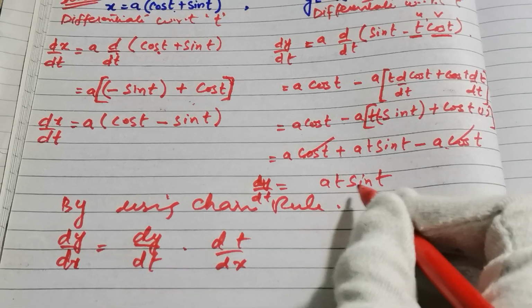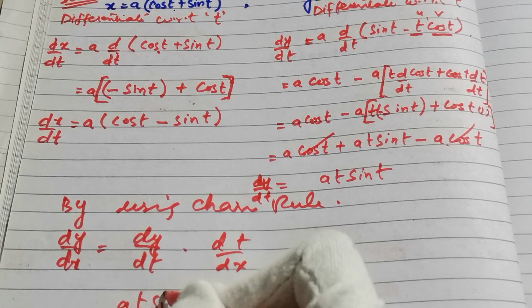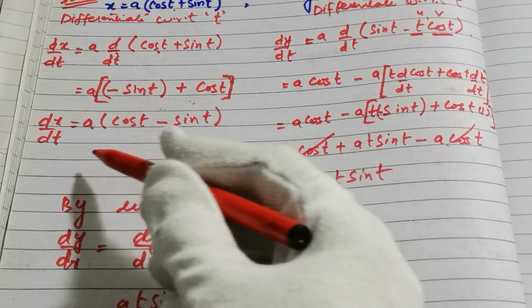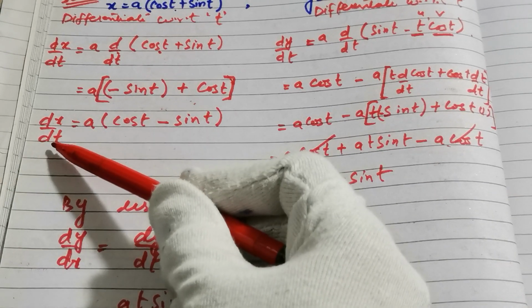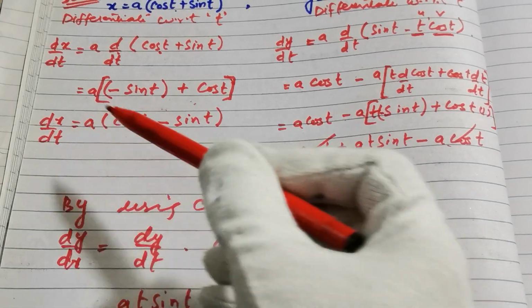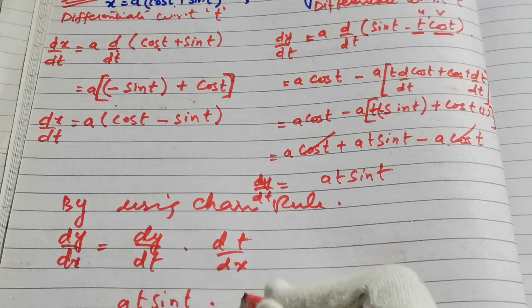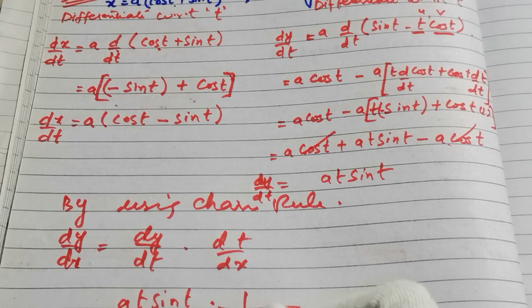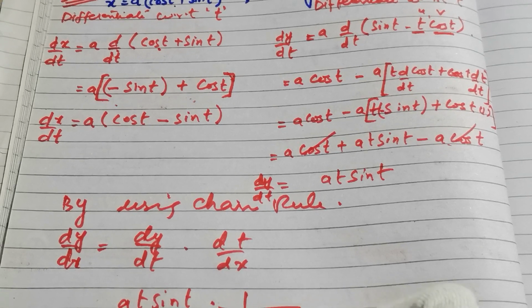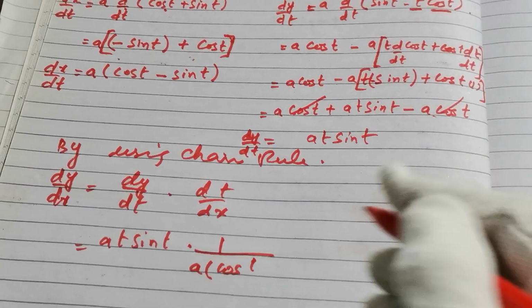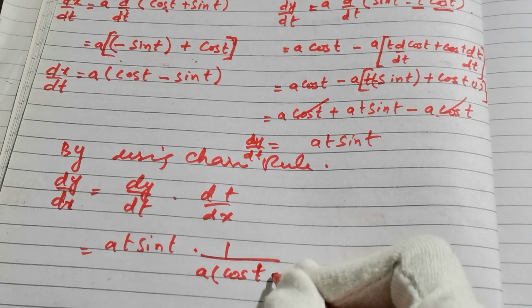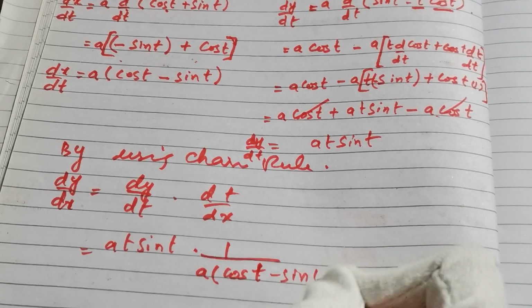So dy by dt is a t sin t, and this is dx by dt, so we will reciprocate this: dt by dx is 1 by a into cos t minus sin t.